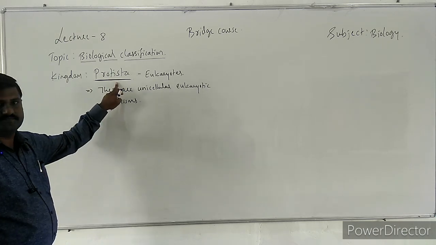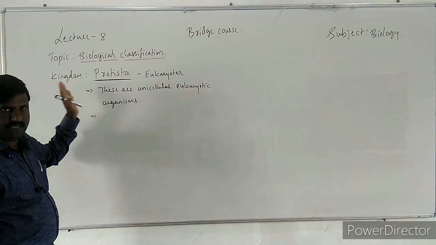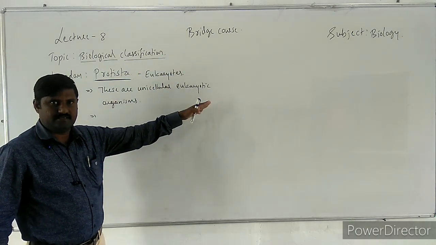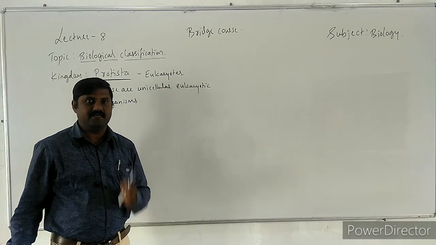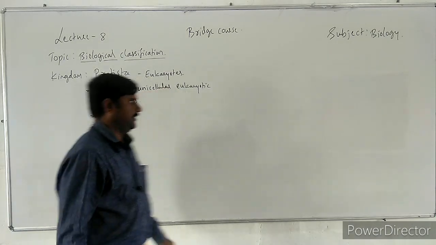And this kingdom lies between the primitive kingdom, that is kingdom Monera, as well as the next kingdoms, that is eukaryotic kingdoms like fungi, animalia, as well as kingdom Plantae.